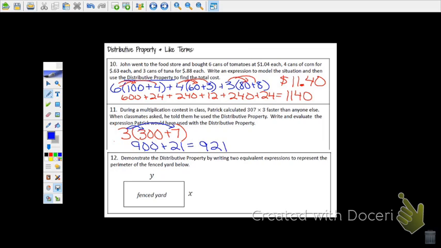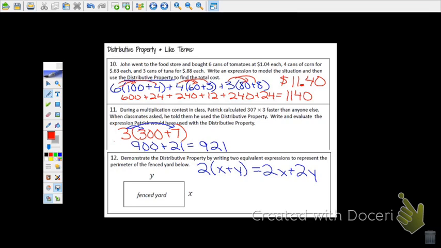Okay, so he said to take 2 times the x and the y added together. Okay, so if I do my distributive property, then I take 2 times x and add 2 times y. So those are the 2 equivalent expressions to represent distributive property.